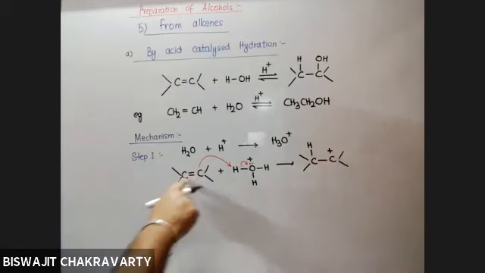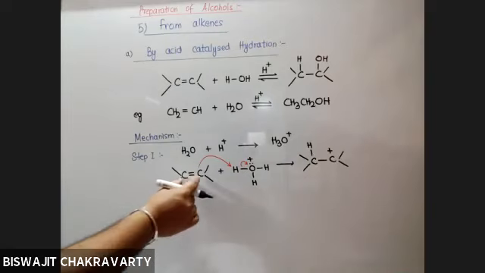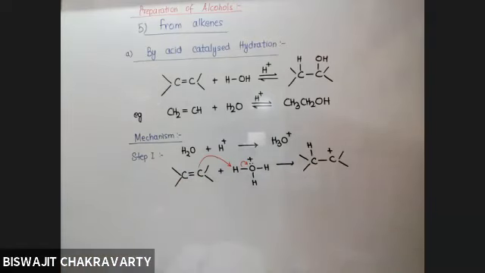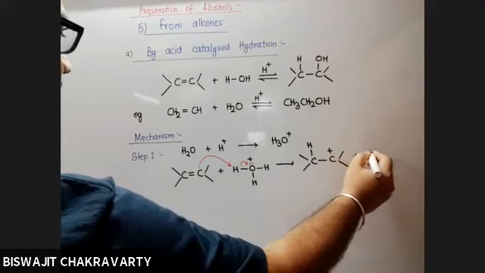So hydrogen has been added around the C double bond C. So if you notice one thing, that around the C double bond C, one of them will be taking the hydrogen and the other will be taking the positive charge. And you get a carbocation produced, and water will be the byproduct.